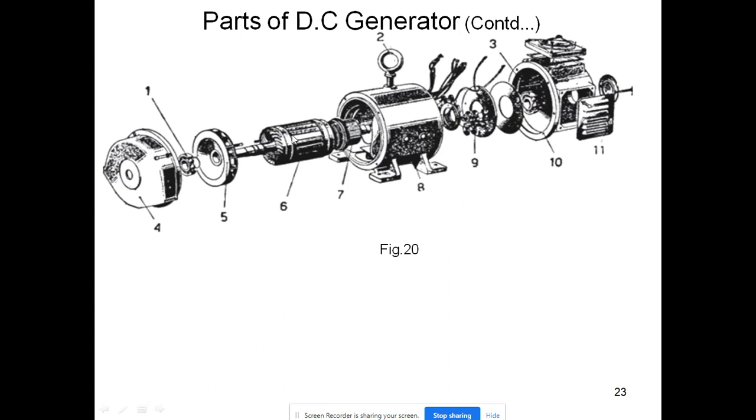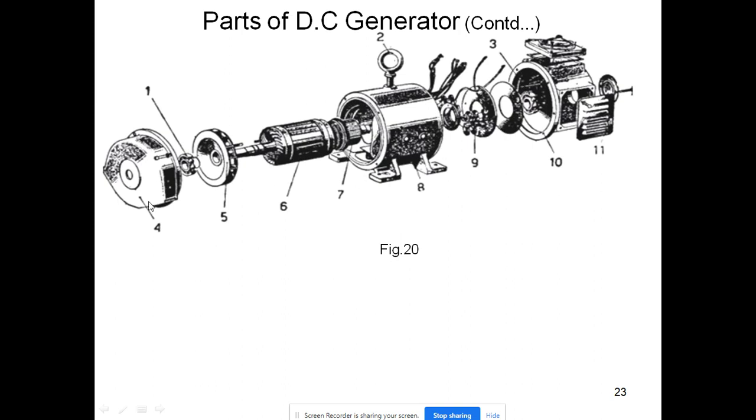Here we can see the various parts of a DC generator. Part one indicates the ball bearing. Number two is an eye bolt, which is used for transportation of this machine. Number three is another ball bearing.